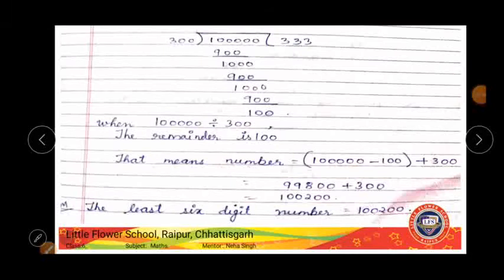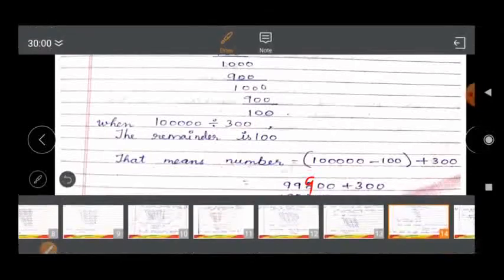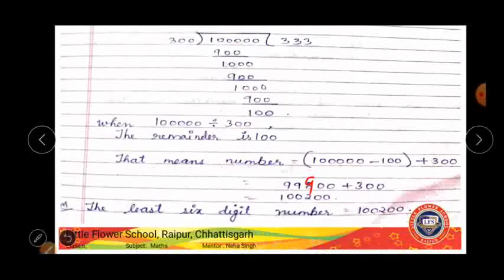Here this is 99,900, right? By mistake it was written differently. So this 99,900, and we'll add 300. We have to subtract 100 and add 300. So the answer will be 100,200. The least number of 6 digits will be 100,200.